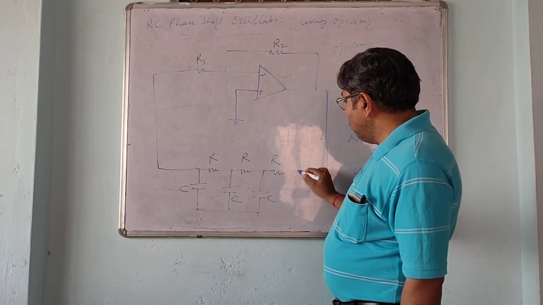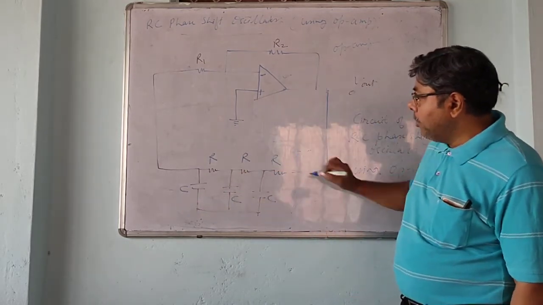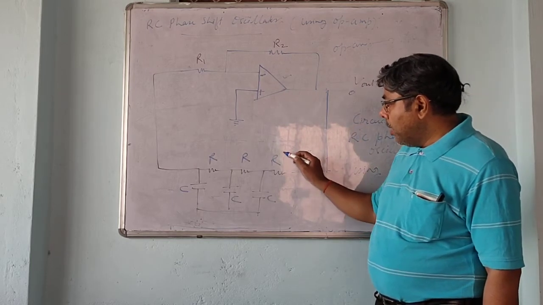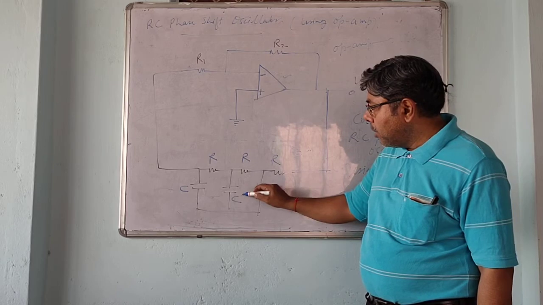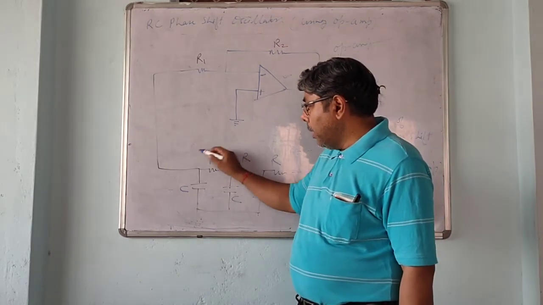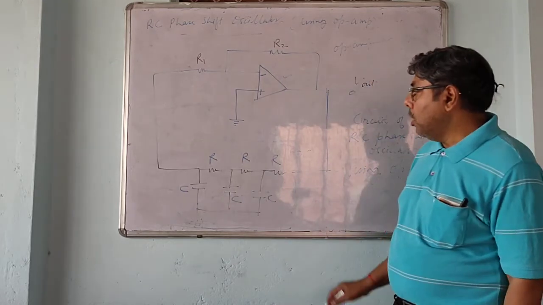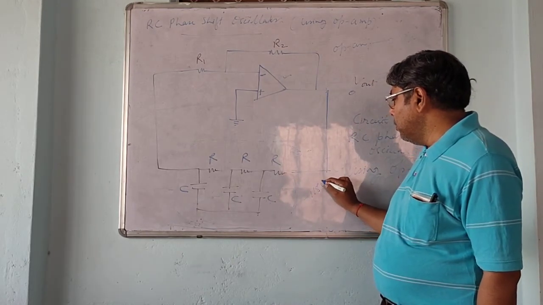So this further 180 degree phase shift is provided by this RC phase shift network. One RC combination provides 60 degree, then a further 60 degree by the next step, and the last 60 degree by the last step. So total phase shift provided by this is 180.